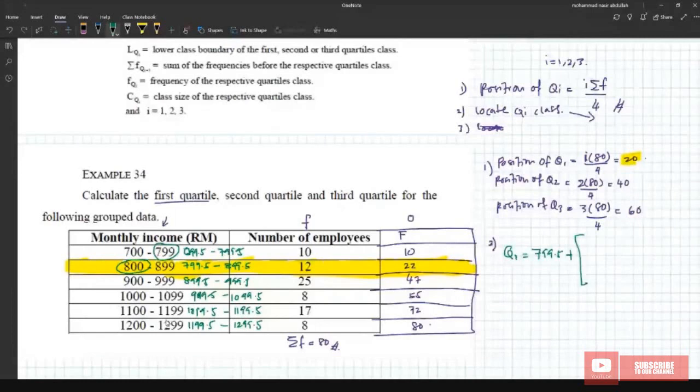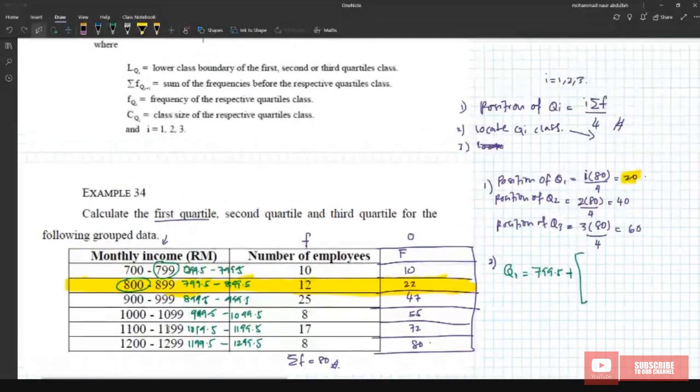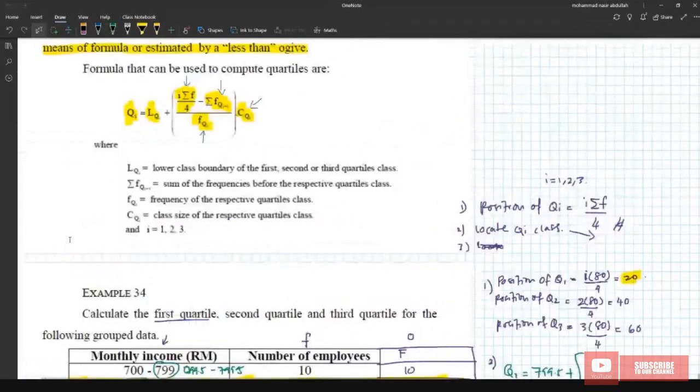So the formula is, after the lower class limit, we need to input the position value.